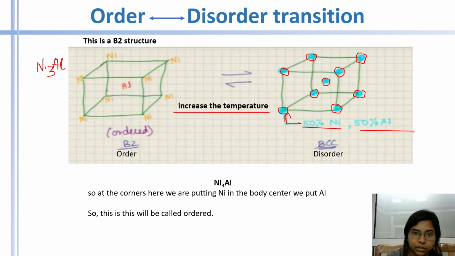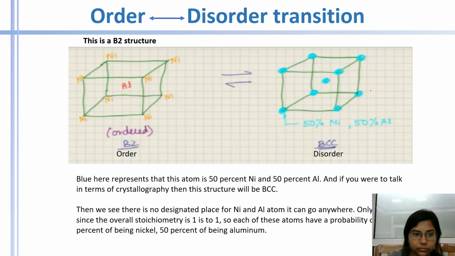If this is 50% nickel and 50% aluminum, then there is interchanging. In the corners we are putting the nickel, in the body center we are putting the aluminum, so this is called ordered. Now in this case, the blue represents that this atom is 50% nickel and 50% aluminum. If we talk in terms of crystallography, then the structure will be BCC.